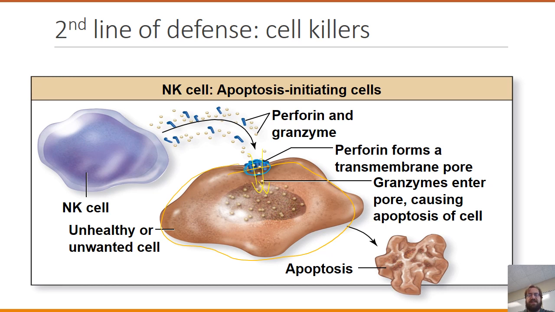The cell takes itself apart in a manner that won't do any harm to its host, and what you have left is a little squiggle of cell debris that the body can recycle and reuse to make new cells or do other things.